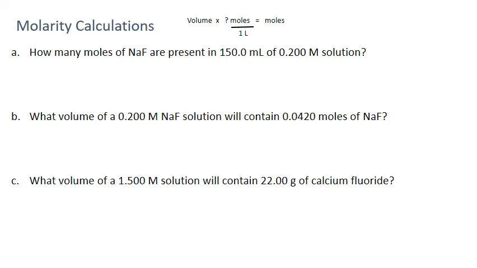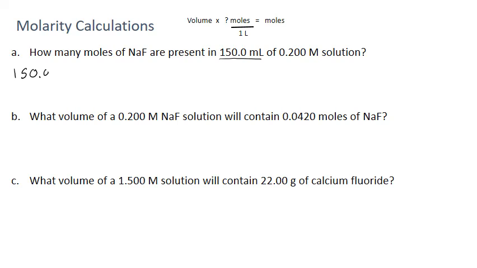Ready for some examples? First of all, we're going to look at how many moles of sodium fluoride are present in 150 milliliters of 0.200 molar solution. First, the units of milliliters need to be converted to liters, but I'm sure you're almost an expert at that at this point.